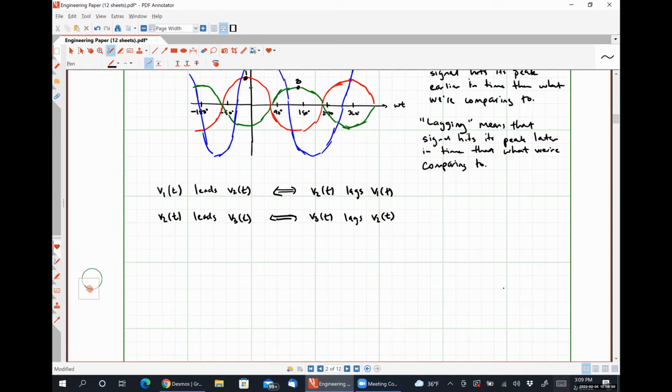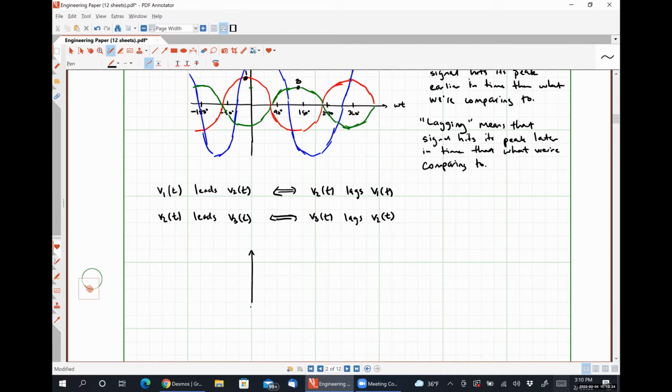A phase graph is really just a snapshot of all of the signals at a particular instant in time. And typically that instant in time is t equal to 0, so that all of the cosine bit goes away and we just have the phase angle part left.